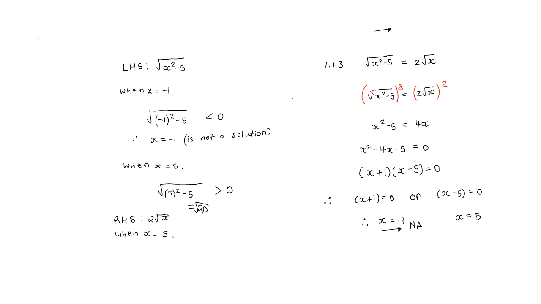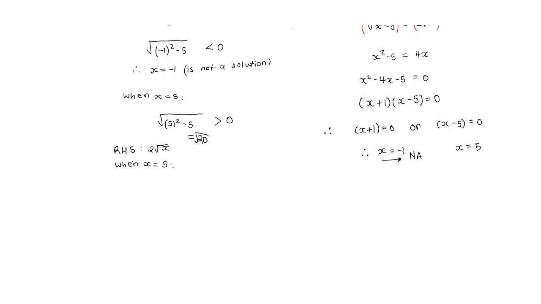For the right hand side, you can do this on your calculator, actually. When x is equal to 5, we'll have 2 times the root of 5. We can put this 2 back into the square root because it came out of a perfect square. It came from 4. So this was originally 2 squared times 5 inside the square root sign.